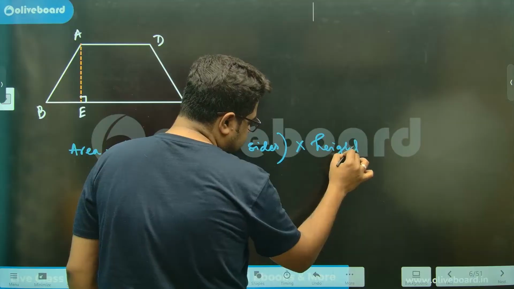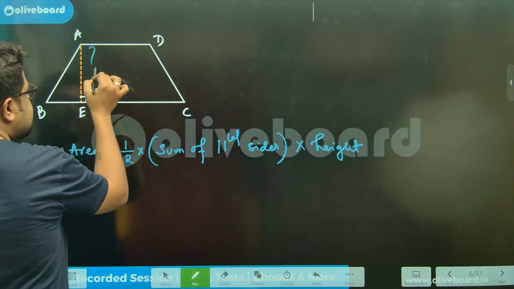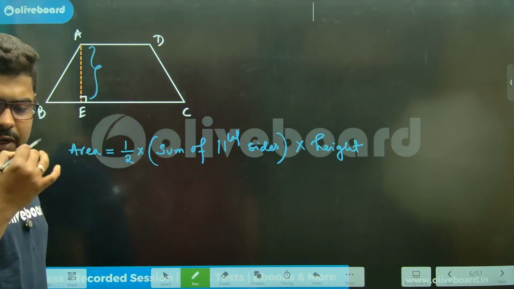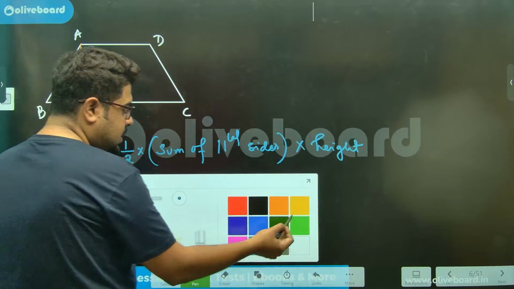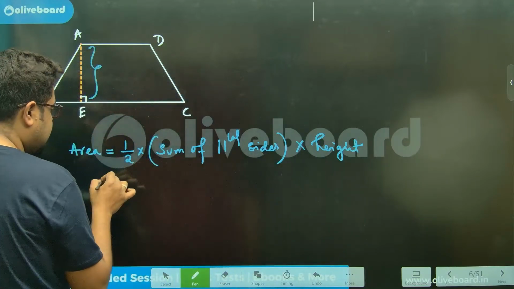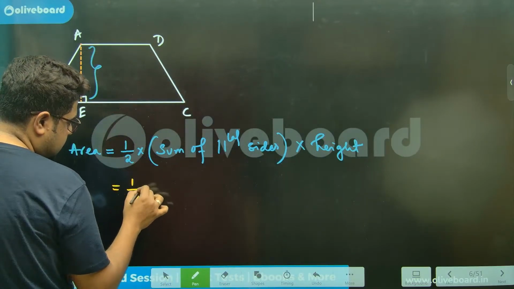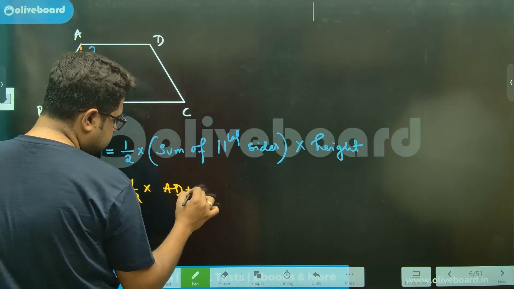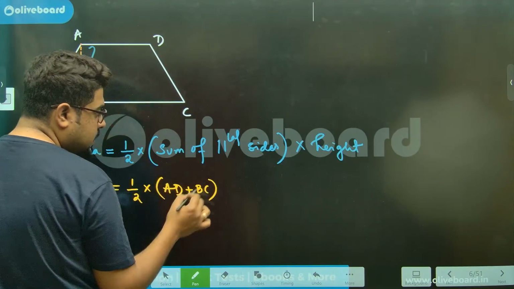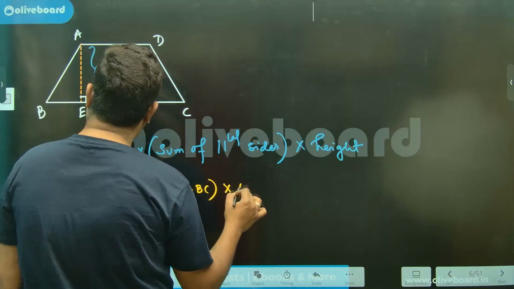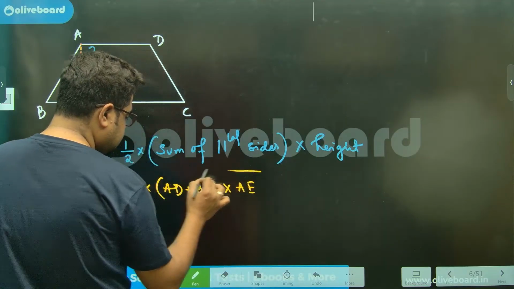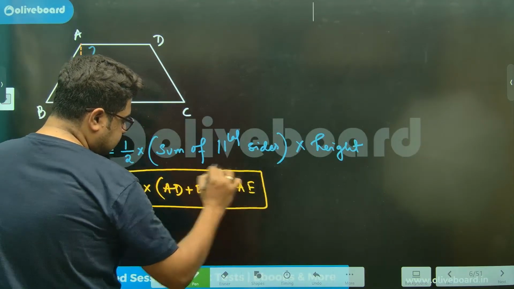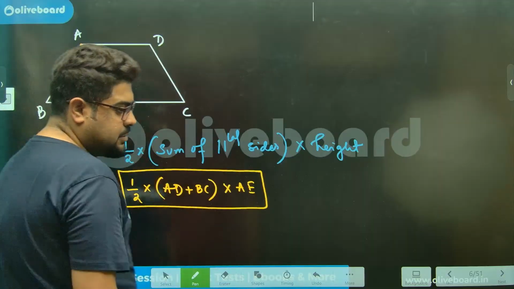Some call it height, some call it the distance between the parallel sides, whatever you prefer. So you can write half into, sum is AD plus BC, into height AE. This you can take as the area of the trapezium.